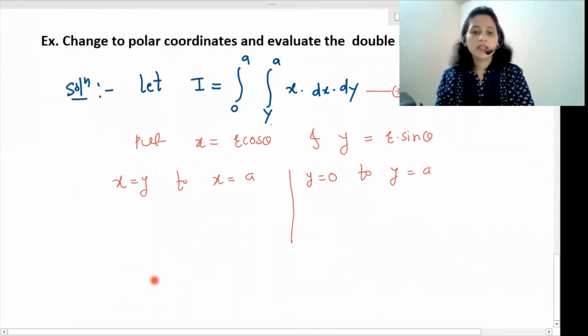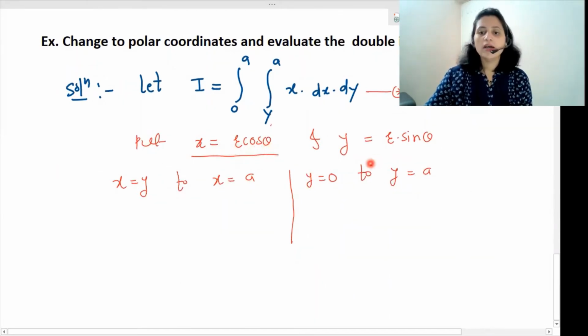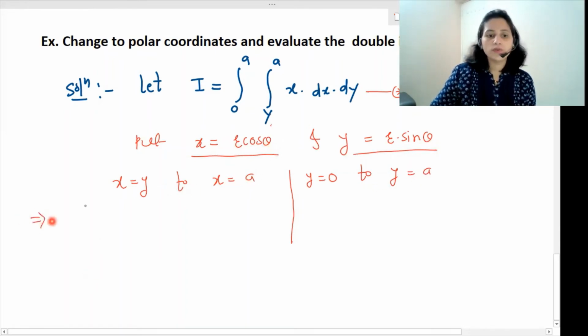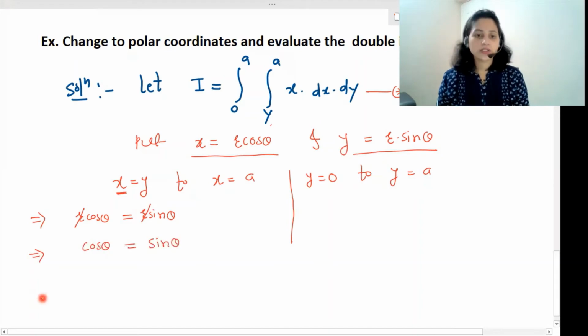Now, next step, we just have to substitute x equal to r cos theta and y equal to r sine theta in these equations. So I am going to substitute r cos theta in place of x, and r sine theta in place of y. So r cos theta equals r sine theta. Now this r and this r get cancelled, and this becomes sine theta equal to cos theta.